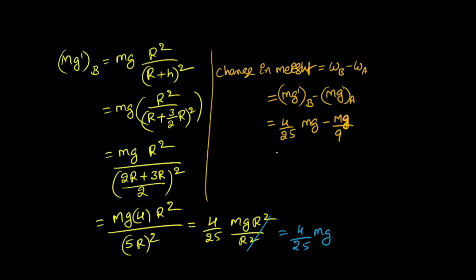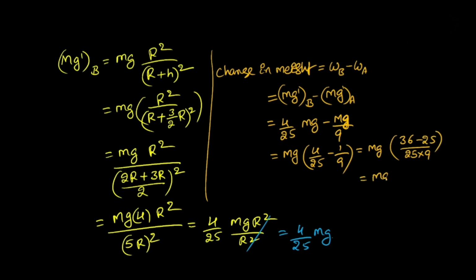You simplify it. Let me write the mg outside. Here it is 4 by 25 minus 1 by 9. Let us take the LCM, 25 into 9. 9 fours are 36 minus 25. It is mg into 11 by 25 into 9.